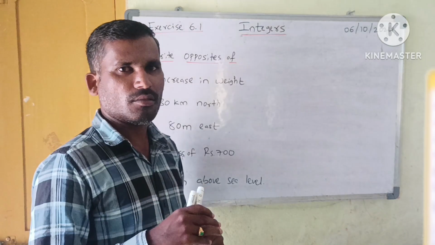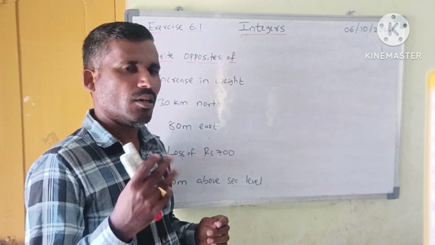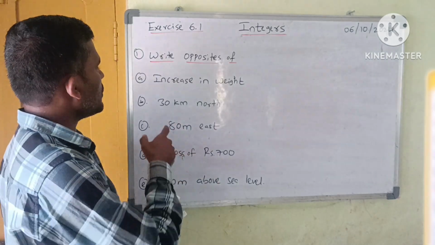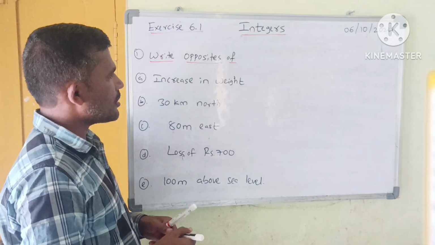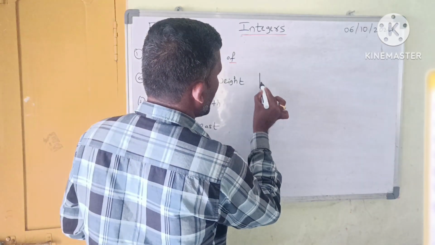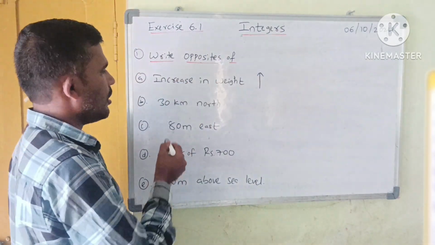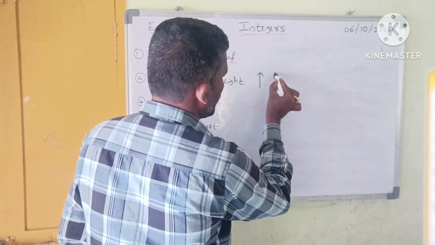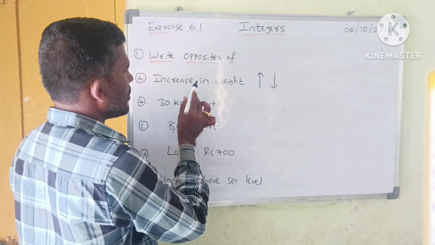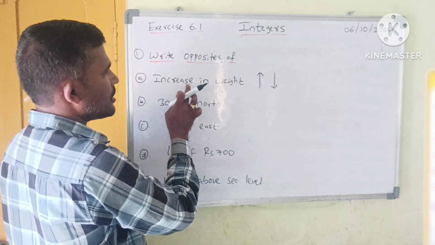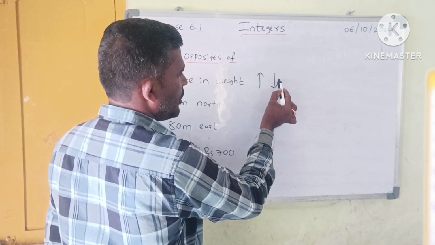East, west, north, south are opposites, and there are many others. Here, increase in weight: increase means the positive side, and it asks for the opposite. The opposite of increase is decrease only. So for increase in weight, the answer is the opposite, decrease in weight.